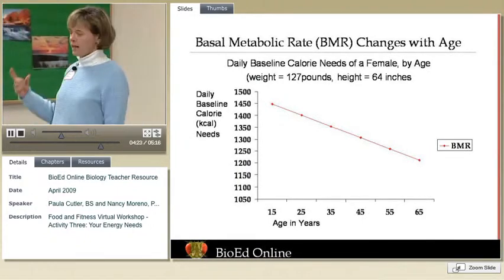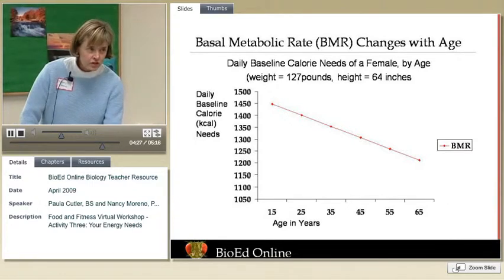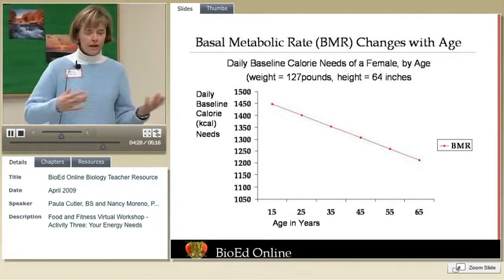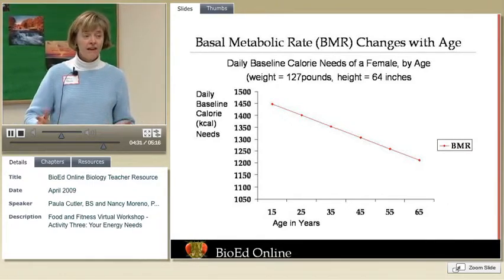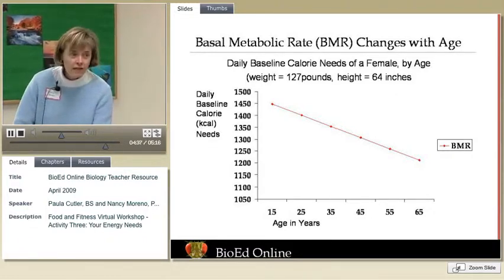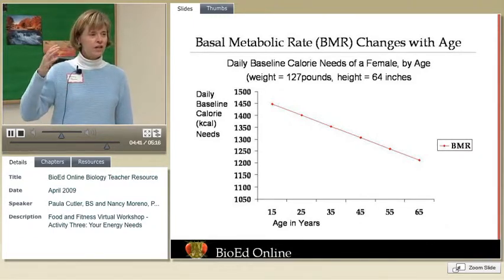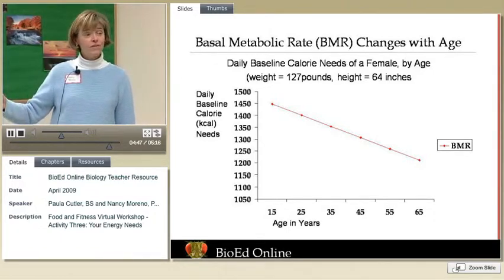I did want to add one more comment. You all noticed that the equations for calculating BMR have age. Yes. Pretty interesting. And something you might want to have your students do is calculate someone of the same height and weight, change their age. Go for age 15, 25, 35, 45, and have them graph the results.